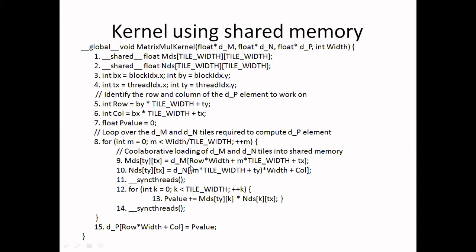So you will find out the position, row into width. Row into width will tell you the exact starting position of a row, and then you will have to pass the number of tiles you have already executed, number of phases I should say. So m here is telling you the number of phases.